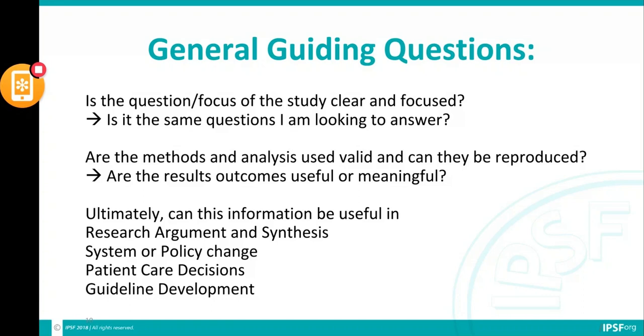Another general guiding question would be, are the methods used and the analysis used valid, and can they be reproduced? So if we're speaking specifically about randomized controlled trials, we want to make sure that the methods that the investigators employed and the analysis they use to judge their outcomes are not only valid and useful, but can be reproduced in another setting.